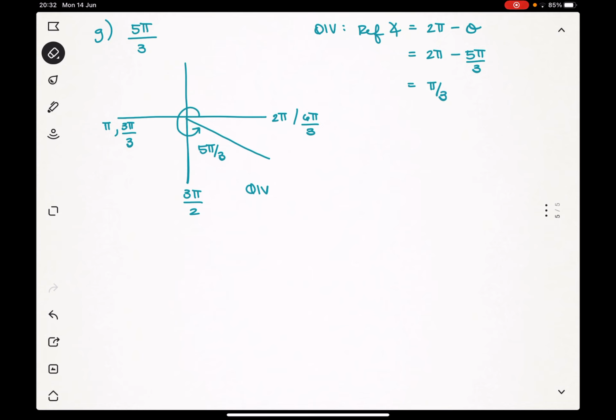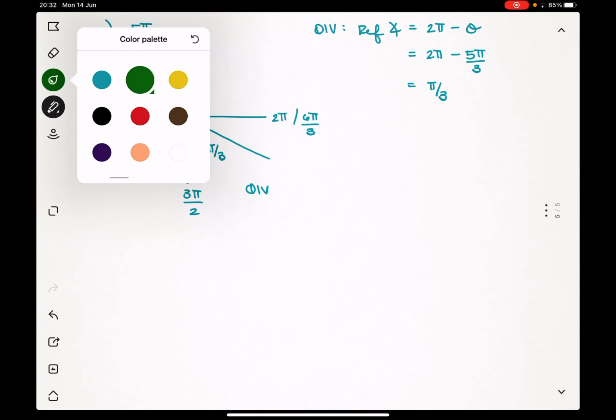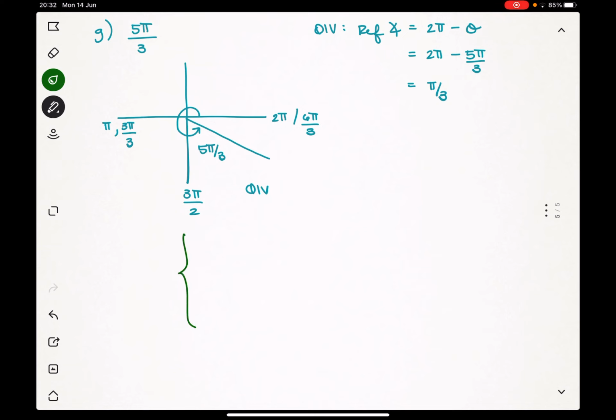For example, in 5 pi over 3, it's not clear where you should put it if you are not very familiar with the unit circle. And if we do quadrant 3, this is incorrect, but I want you to see how incorrect looks, right?